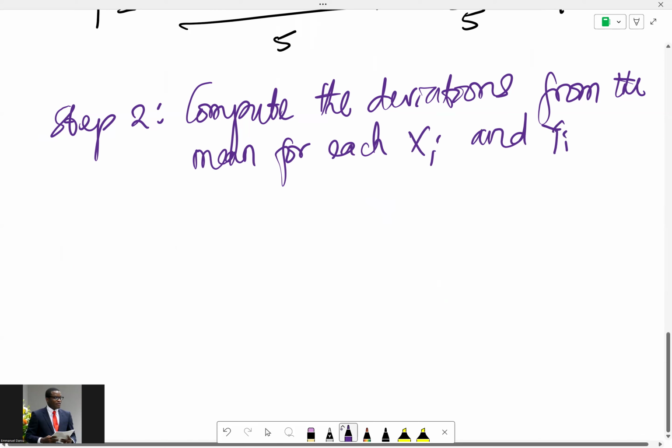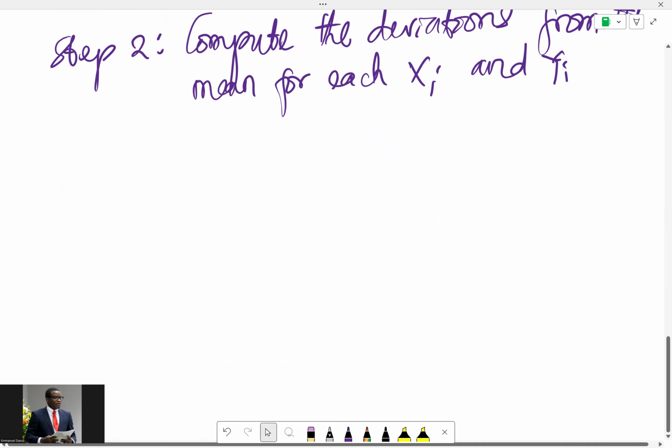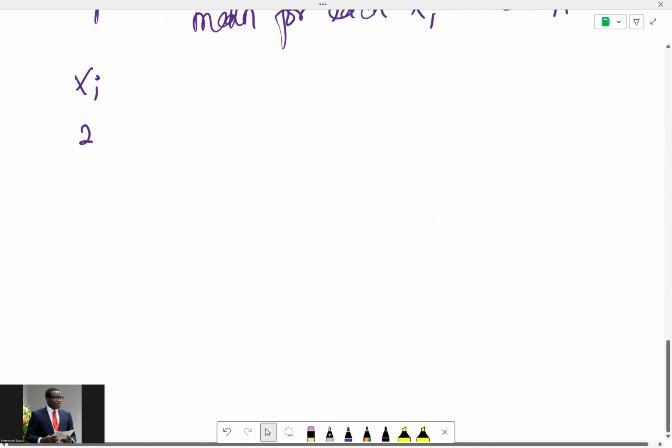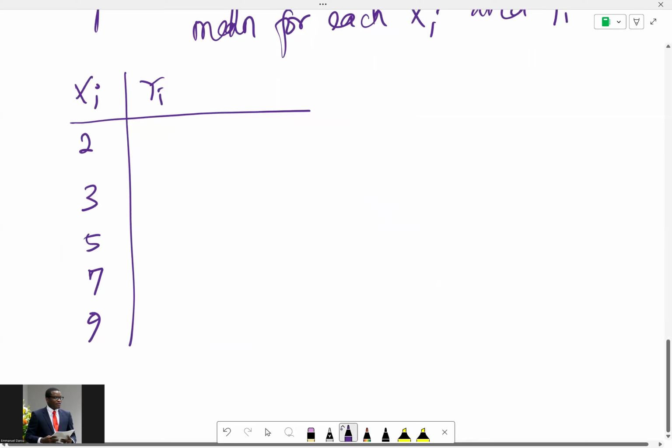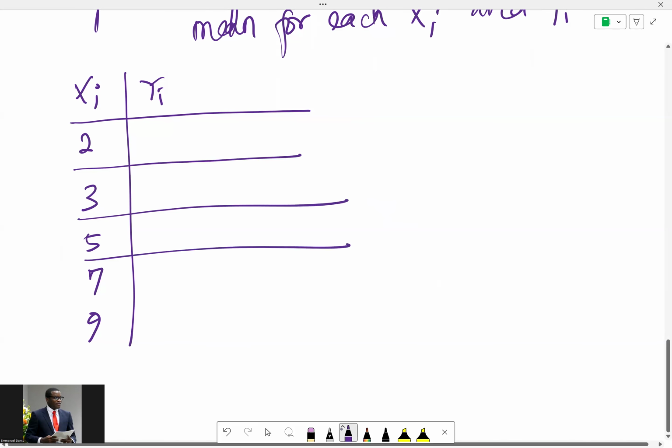Again, we have our xi values, which are the values of the x random variable. That's 2, 3, 5, 7, and 9. Next, we have the yi's. These are the exam scores.